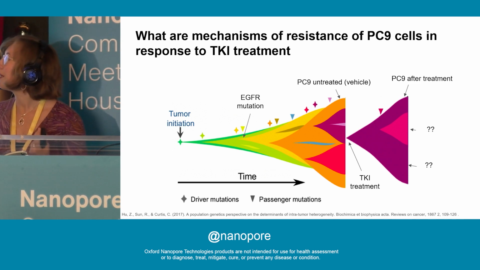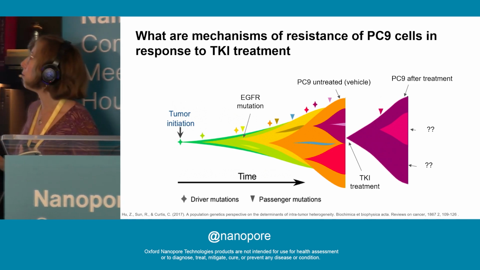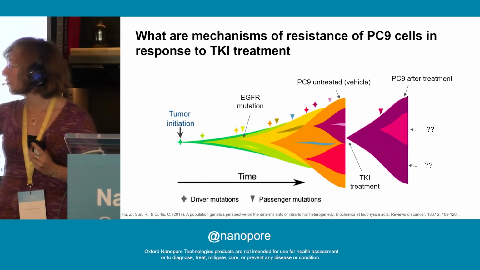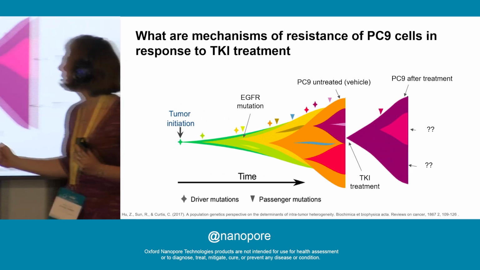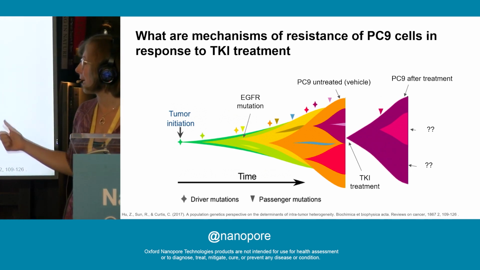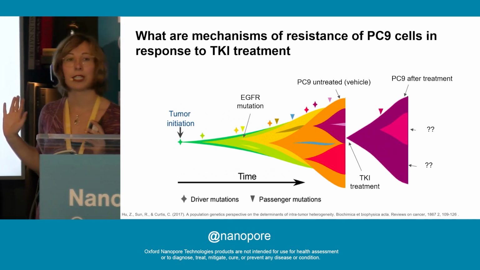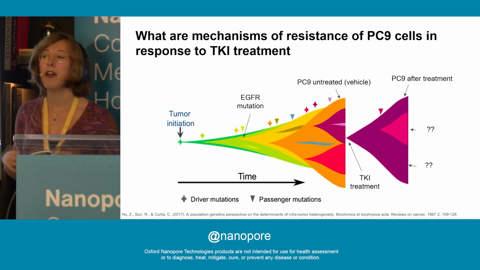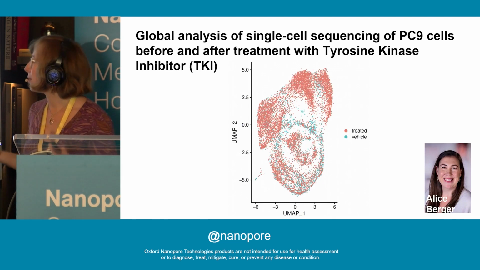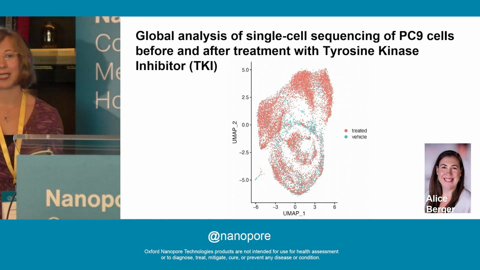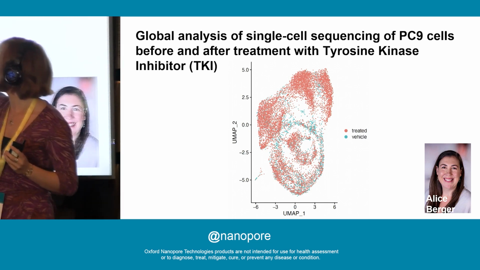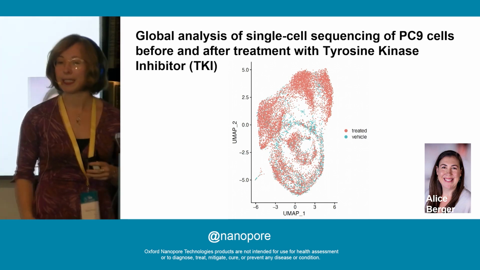And so our model in this experiment was using a PC9 cell line that is driven by an EGFR mutation, and then treating it with a tyrosine kinase inhibitor, which inhibits the EGFR mutation, forcing novel drivers to emerge. And so what we get is this UMAP of the single cell sequencing, where we can see that there are two novel clusters emerging in the treated cells in the upper right here.